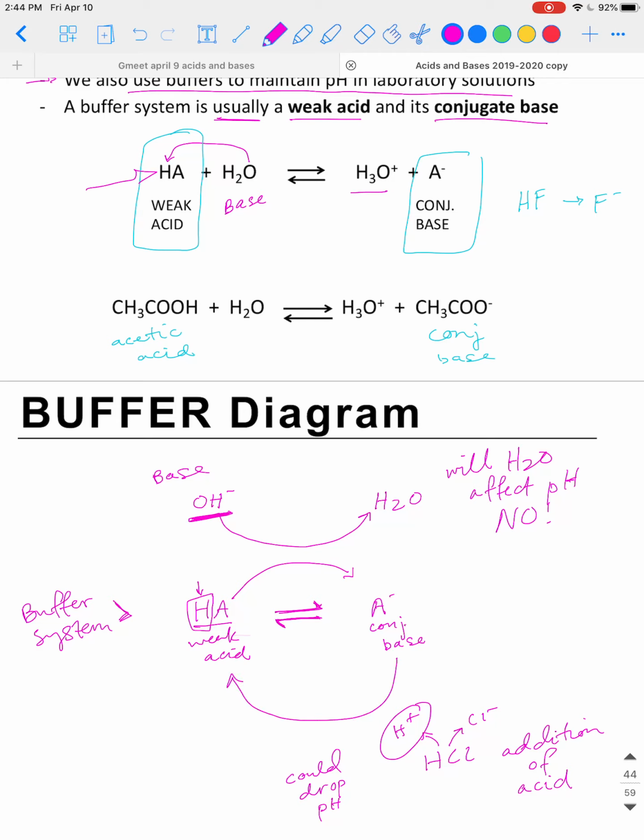So the conjugate base is going to scoop up that H plus, all right, and it's going to create more of the weak acid, okay? Now the weak acid, HA, is H combined with A. And this is not going to affect pH.